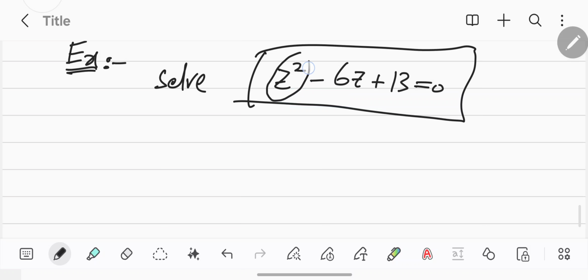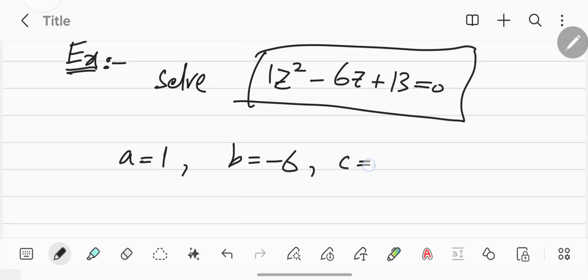Since the coefficient of z power 2 is 1, I will consider a is 1, b is minus 6, because the coefficient of z is minus 6, and the constant is 13, so c is equal to 13.